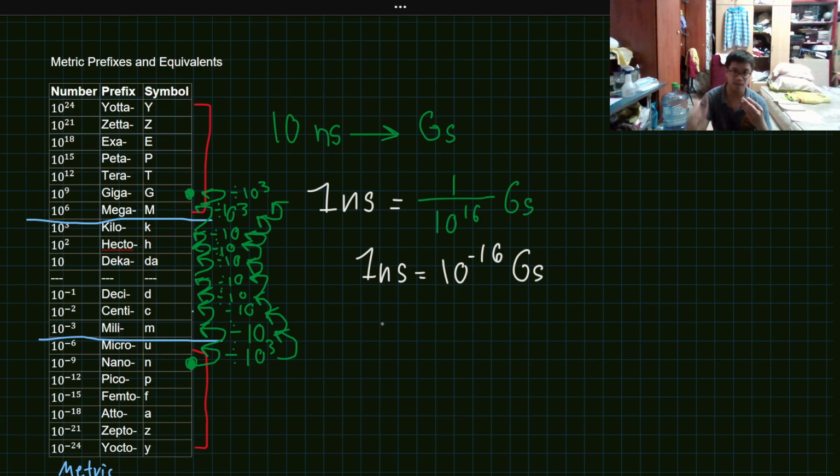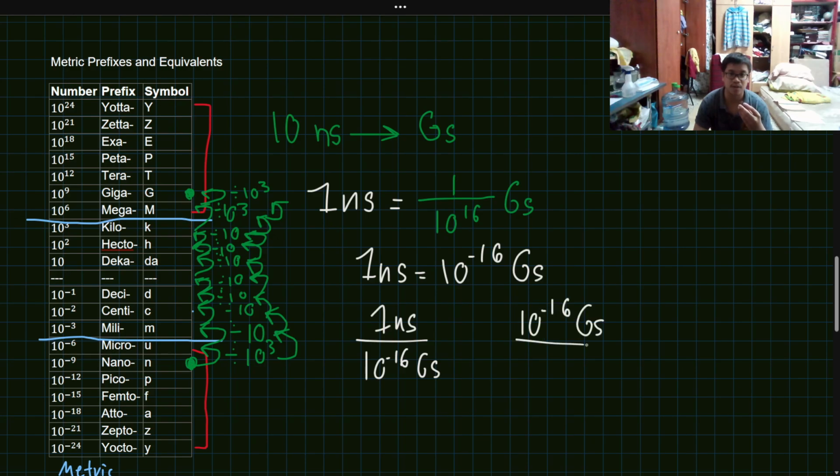And we will do dimensional analysis as usual. So you have two fractions. It's either 1 nanosecond all over 10 raised to negative 16 gigasecond, or we have 10 raised to negative 16 gigasecond all over 1 nanosecond. So here's the question. Which one of the fractions will you use to multiply 10 nanoseconds, in which the nanosecond will be cancelled out?